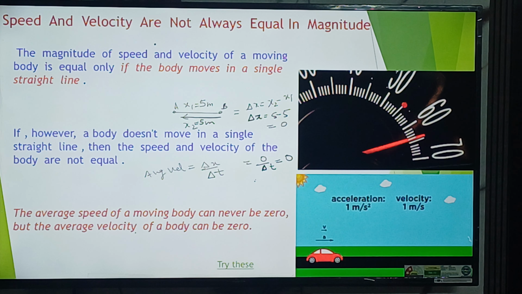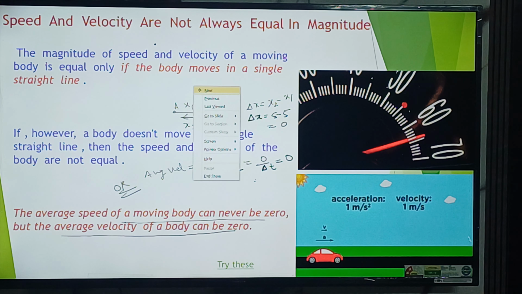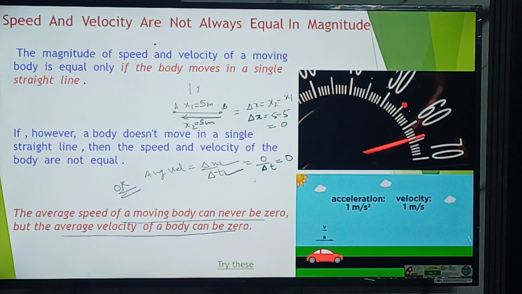So that is why it is written here, children, that average velocity of a body can be 0, but average speed of the body can never be. One more point I want to tell you, children: like delta x was x2 minus x1, similarly delta t will also be t2 minus t1. Let us say the body moves from A to B and the time taken was 1 second.